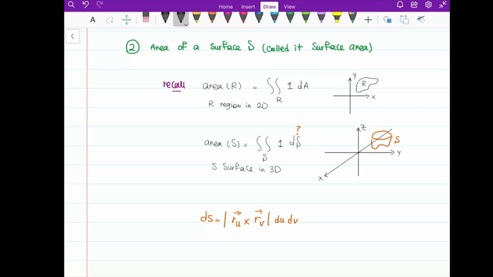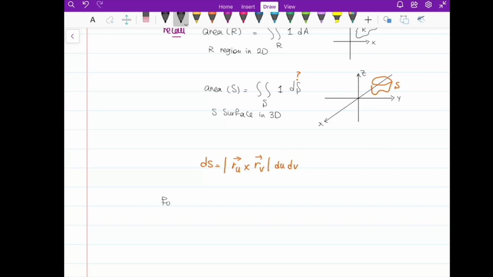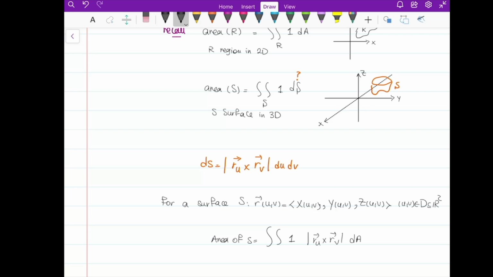Okay, so if I want to give you a summary of what we did, we say that for a surface S with the parametric equations x(u,v), y(u,v), and z(u,v), where (u,v) is in D, a subset of R2, the area of S is equal to the double integral of the length of r_u cross r_v dA, which could be du dv or dv du, over D, where the region D is the domain of our parametrization.